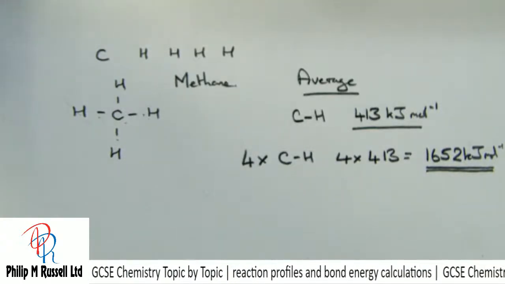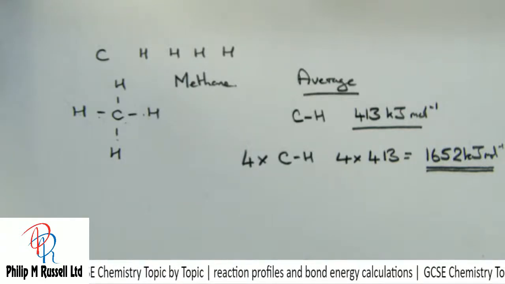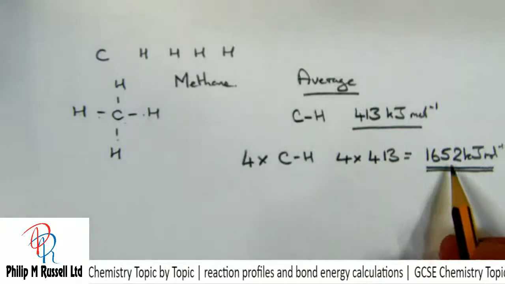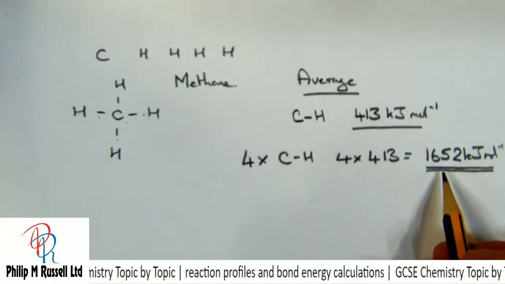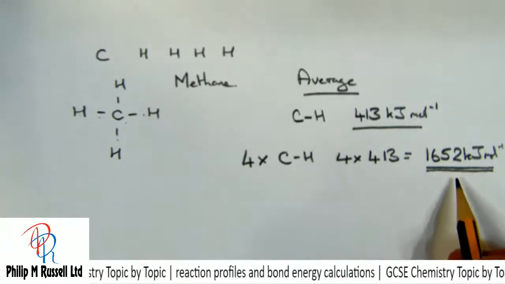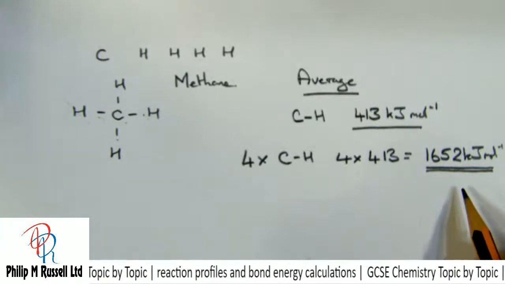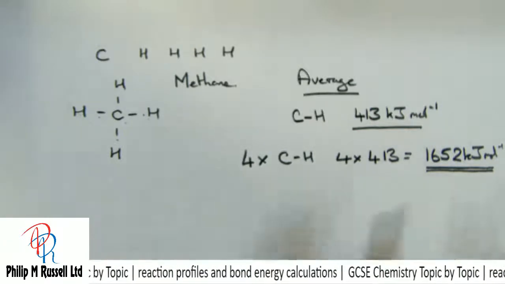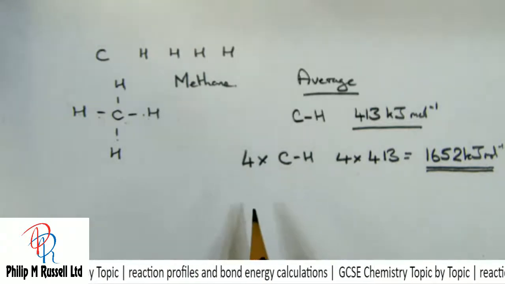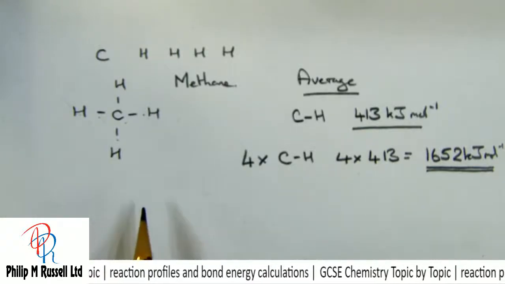But if we want to work out the energy for the formation of methane practically, we'll find that this number is very slightly different. It won't be radically different, but it will be slightly different. And if we look at this in another chemical, we'll find the same sort of thing.